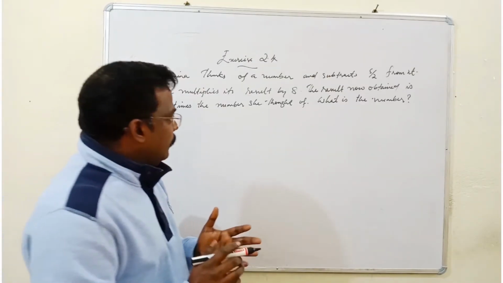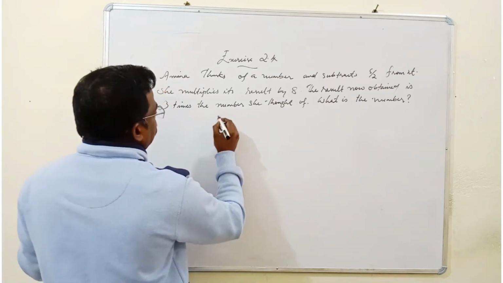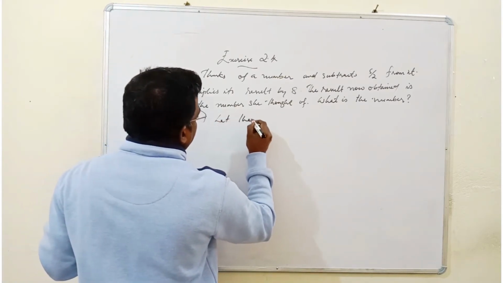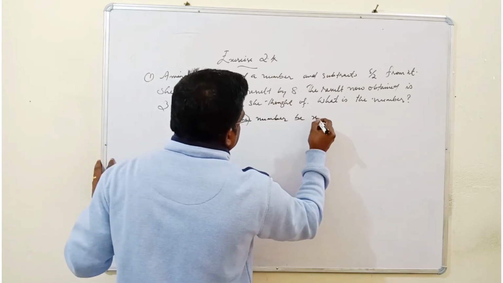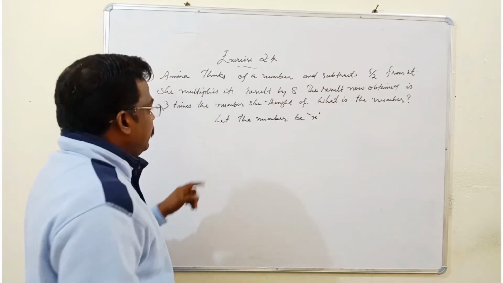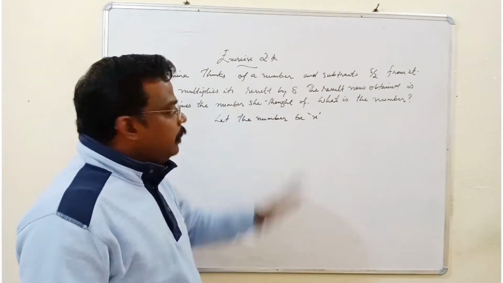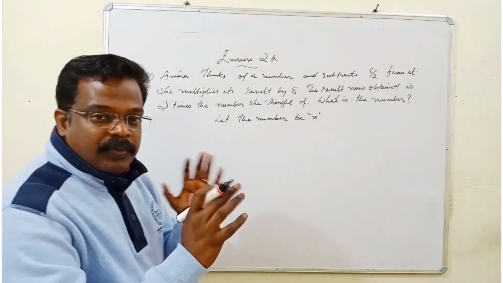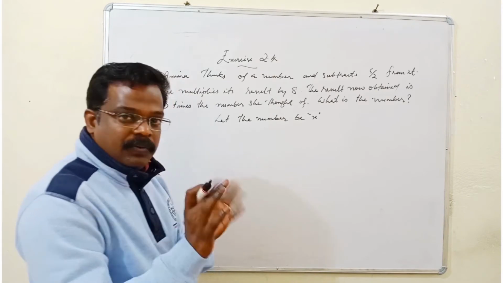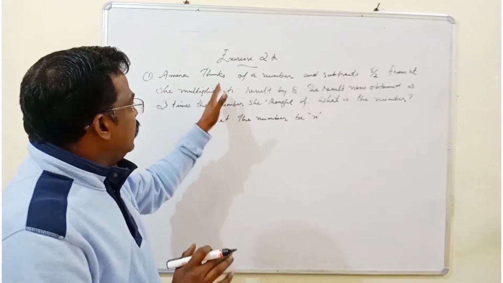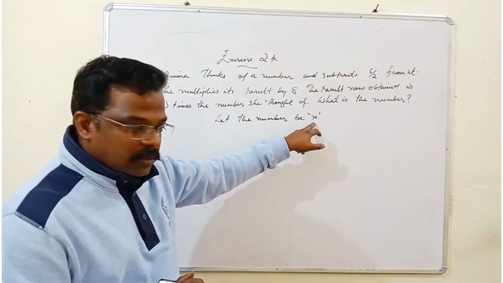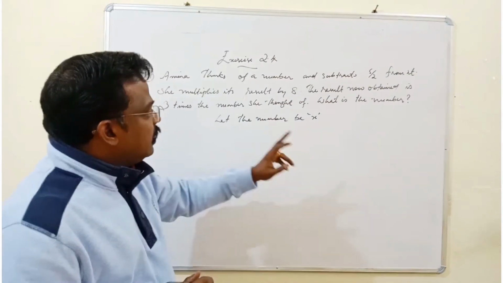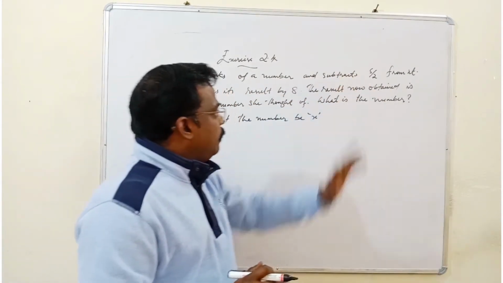That is the question. So here we can take, let the number that she was thinking of be x. Okay. So here we have to form one linear equation. How can we form that? Amina subtracts 5 by 2. So the number she thought of is x, then she subtracts 5 by 2 from that.